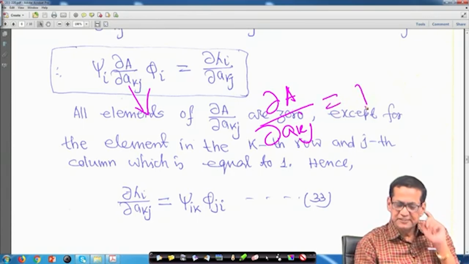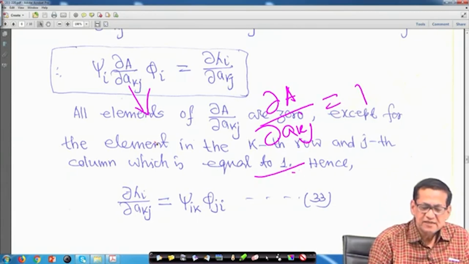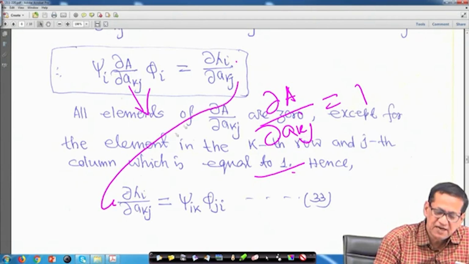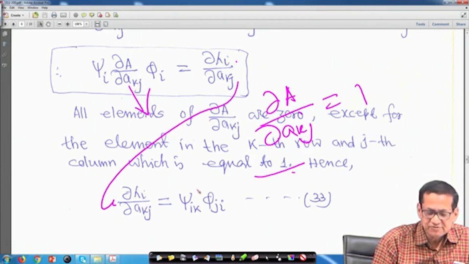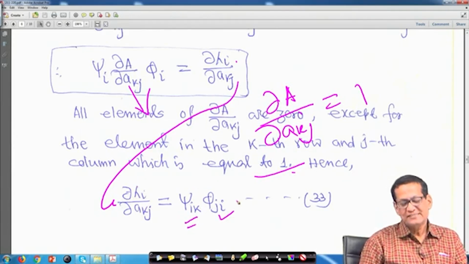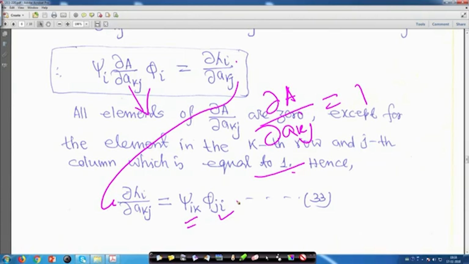If that is so, that means ∂λ_i/∂A_kj is equal to ψ_ik φ_ji, because kth row and jth column. So, instead of writing all of ψ_i φ_i, we will write only ψ_ik and φ_ji, that is kth row and jth column. So, this is equation 33.